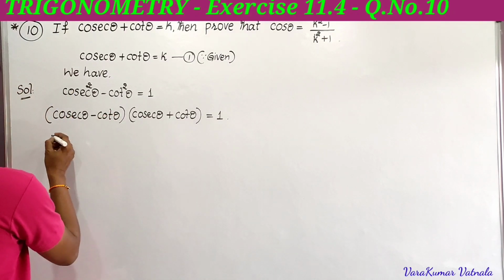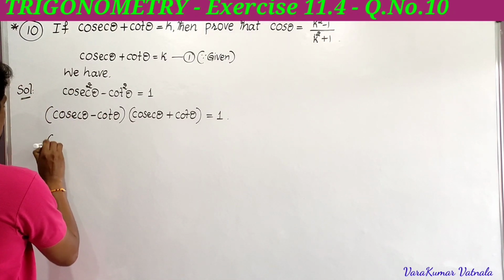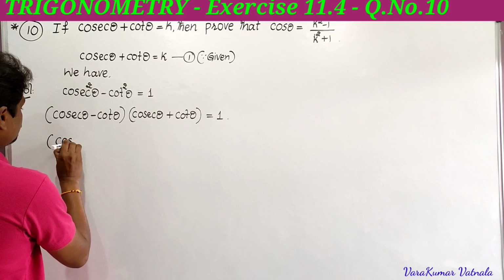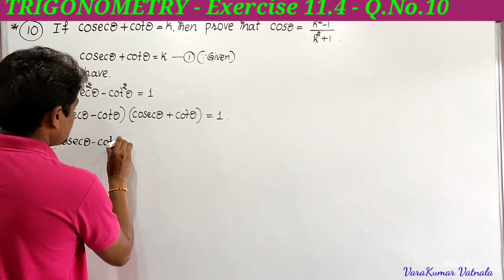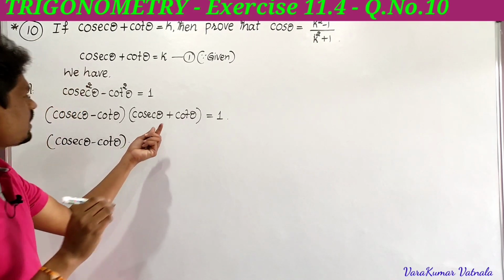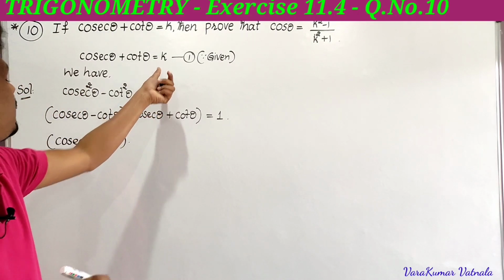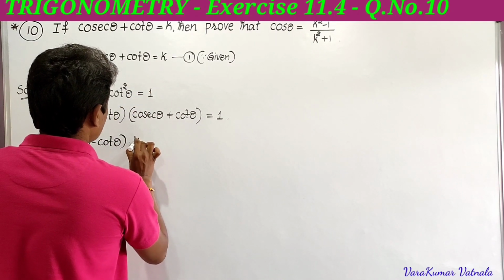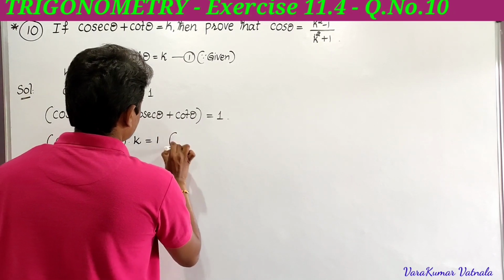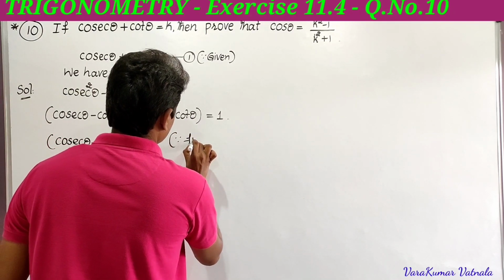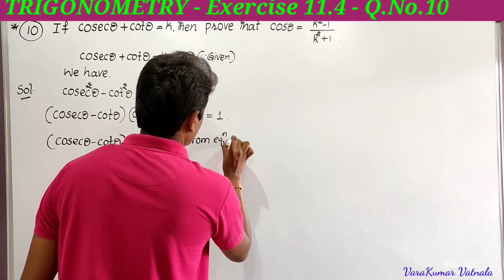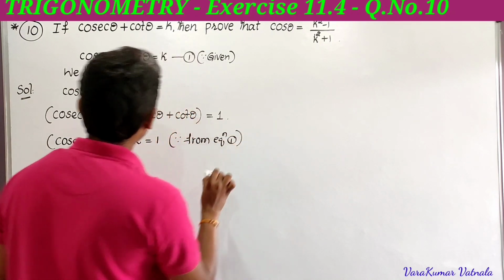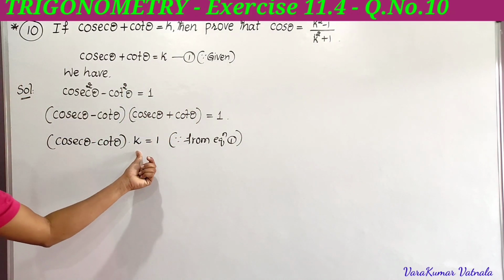So I am writing cosec theta minus cot theta into, instead of cosec theta plus cot theta I am writing k, is equal to 1, since from equation 1 we have cosec theta plus cot theta equal to k.